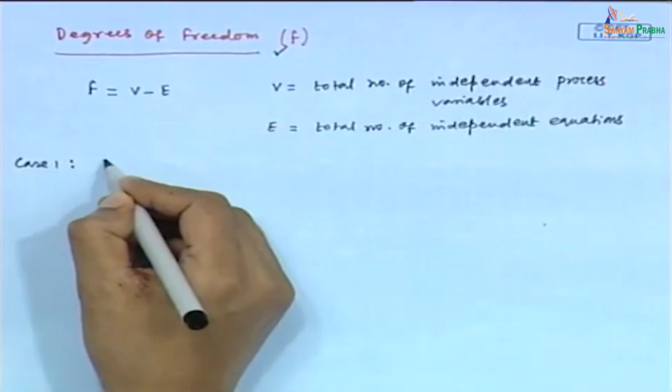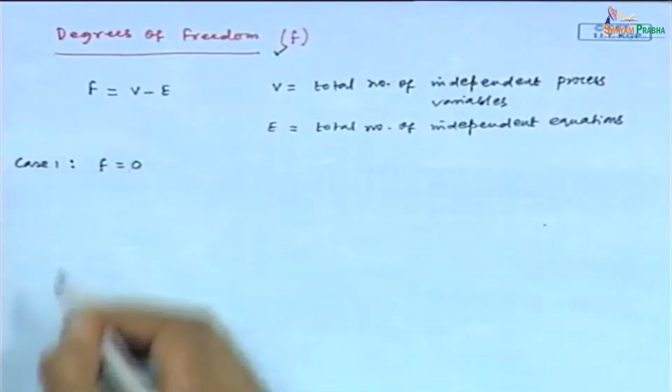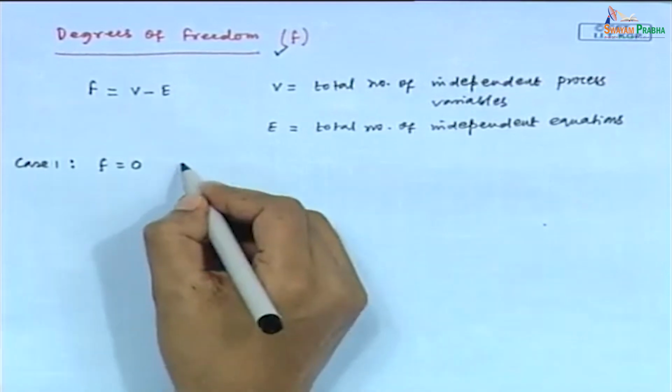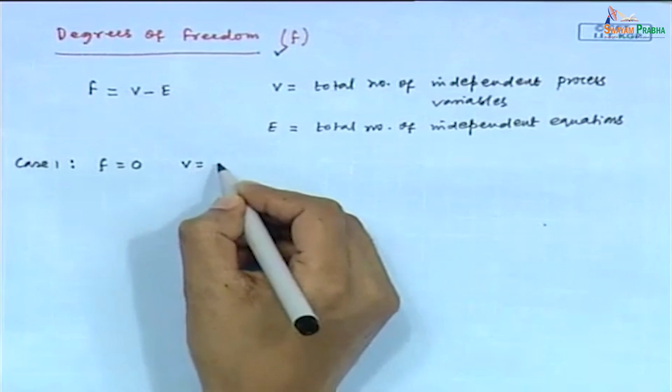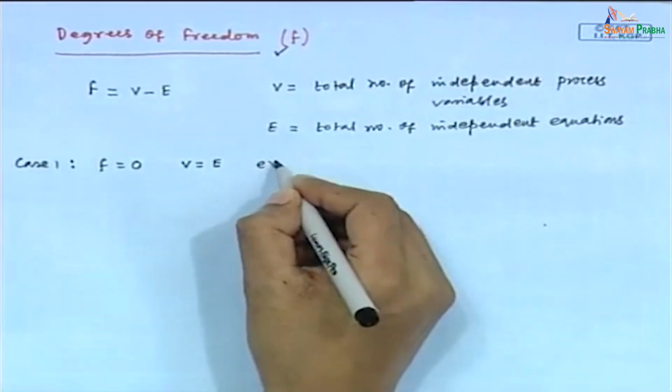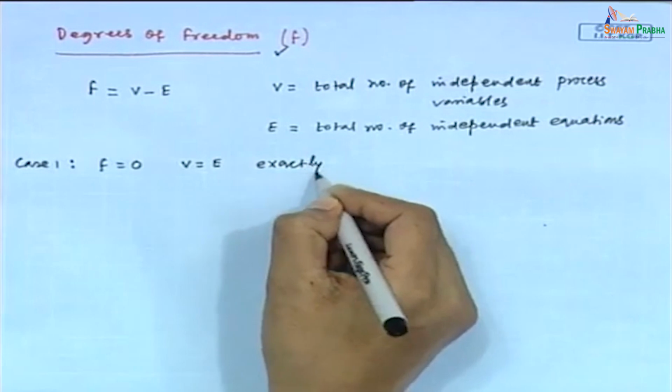In the first case, we will consider F equals 0. It means the number of independent variables equals the number of independent equations. That means the system is exactly specified.